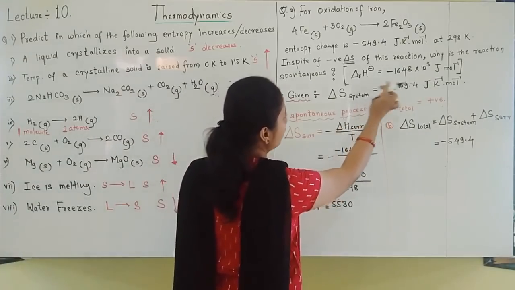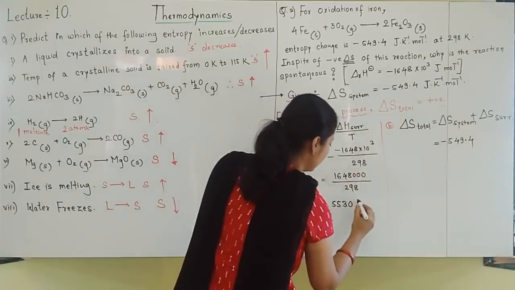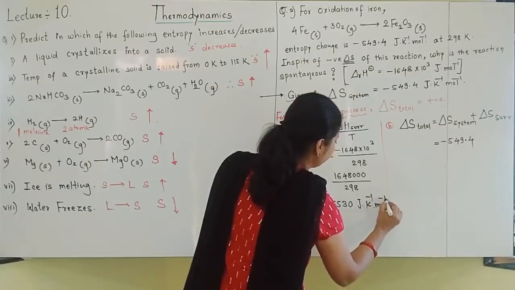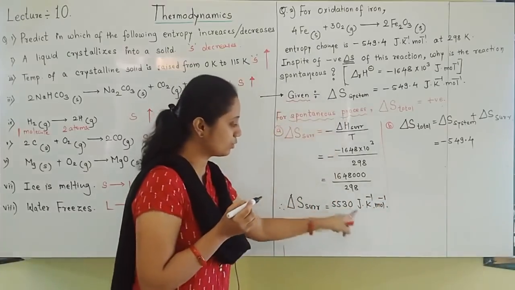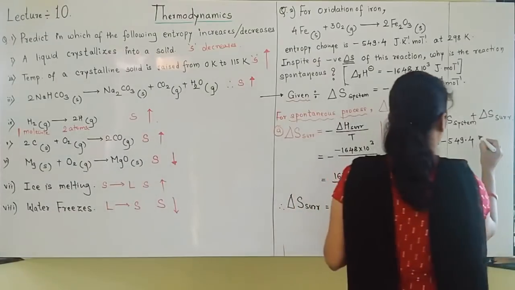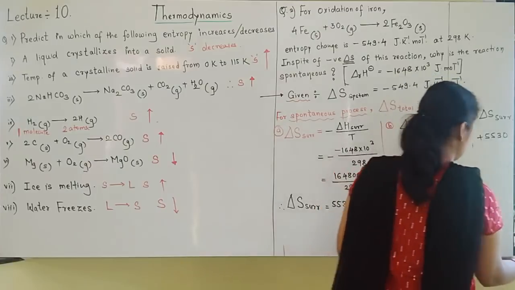Delta H had the unit joule per mole, and it is divided by temperature. So the unit I will write is joule per Kelvin per mole, since it is divided by temperature, so I wrote per Kelvin also. Now let us substitute this value, plus 5530. What answer will I get, students?